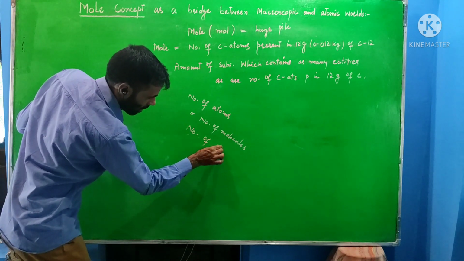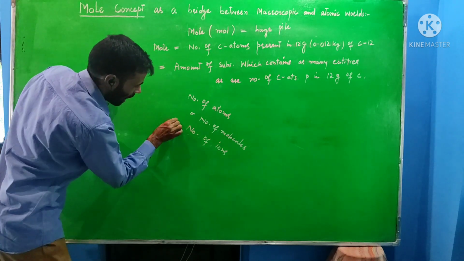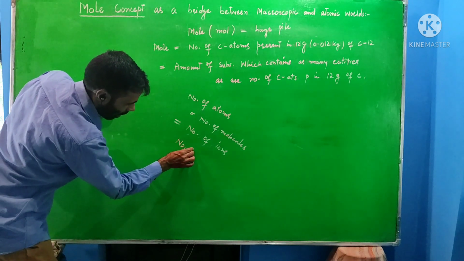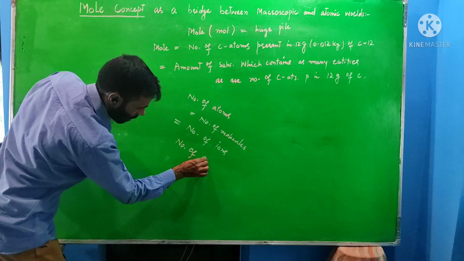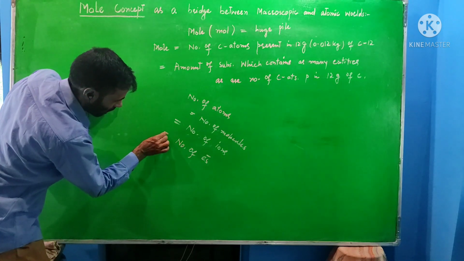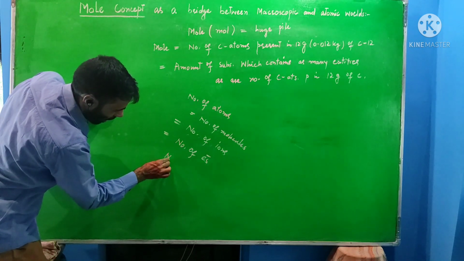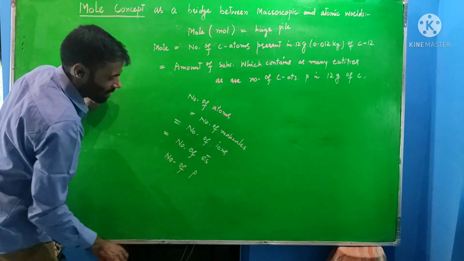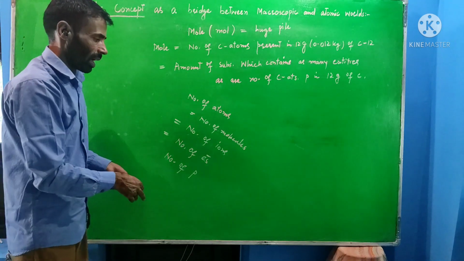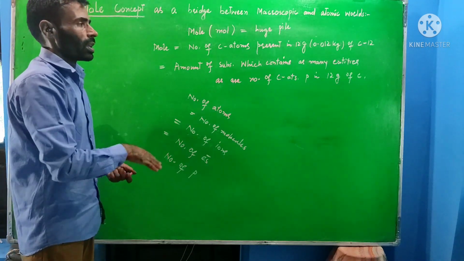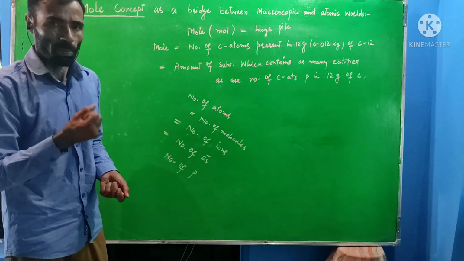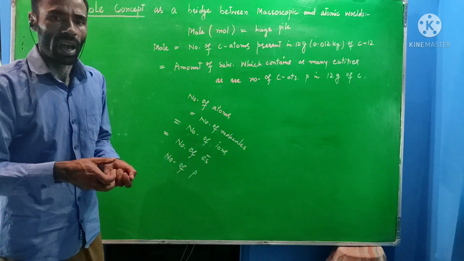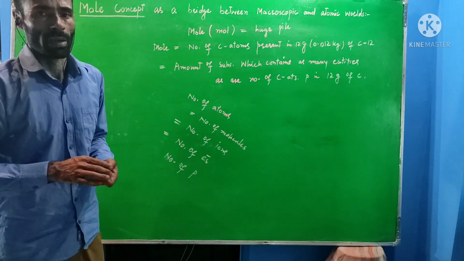In the case of electricity, we can say they are the number of electrons, and in the nuclear field, the number of protons. So whatever the substance, the number equal to the number of carbon atoms present in 12 gram of carbon, we call a mole of that substance.